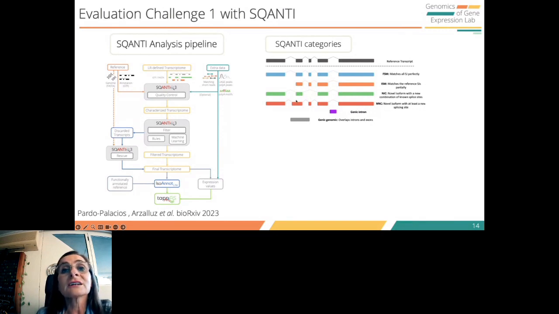And the novel not in catalog is when we have a new donor or acceptor site that creates a completely new splice site. And then we have some other things like genic introns, which are in the introns, or antisense, or intergenic. But we will probably talk mostly about these categories because they are the most abundant.